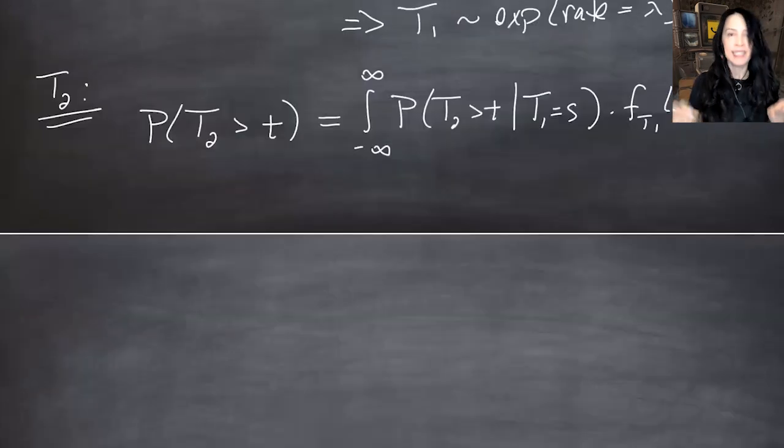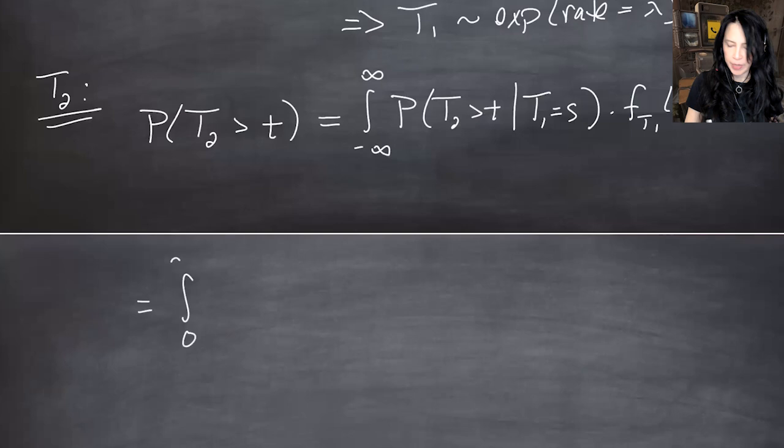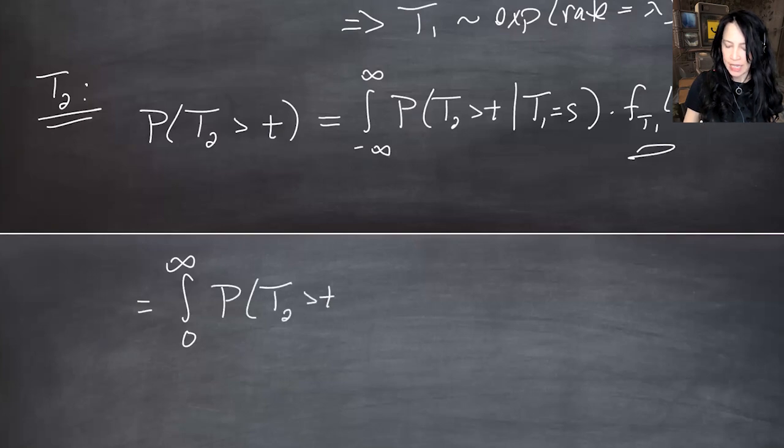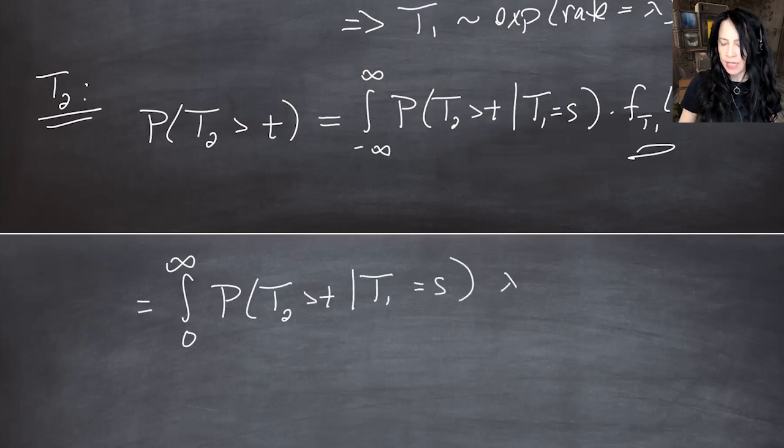Oh, I totally forgot the conditional part. And because T1 is exponential, this is going to be going from 0 to infinity, because this PDF is going to be 0 for negative s's. So this is the probability that T2 is greater than t given T1 is equal to s, times lambda e to the minus lambda s ds.